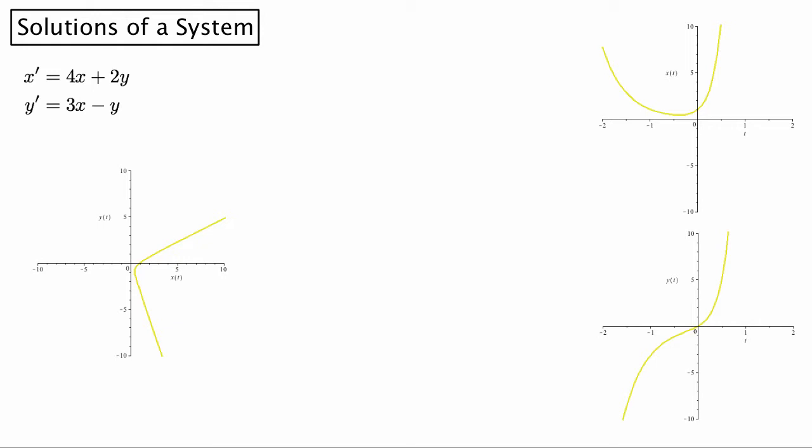This is the exact same system that we looked at in the previous video, so if you haven't watched the video on solving a system by elimination, this was the system that we looked at.